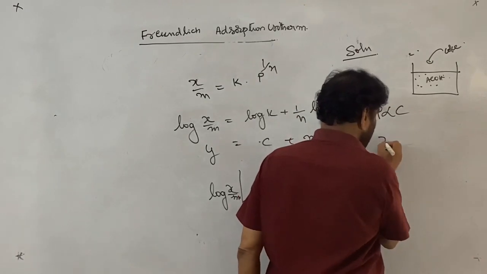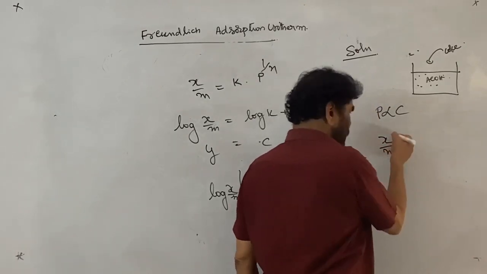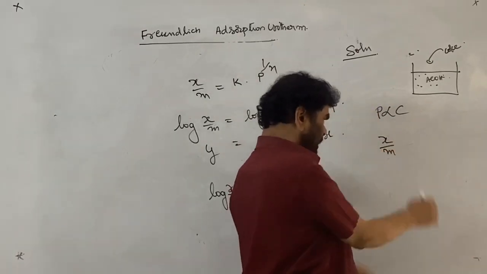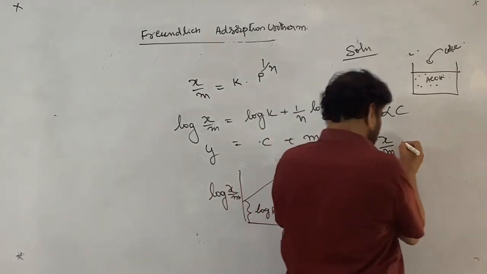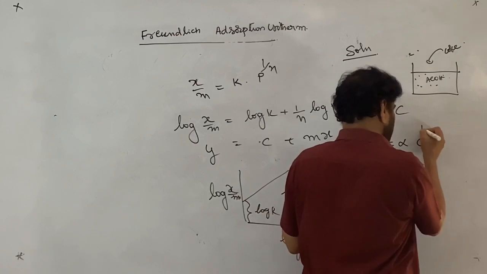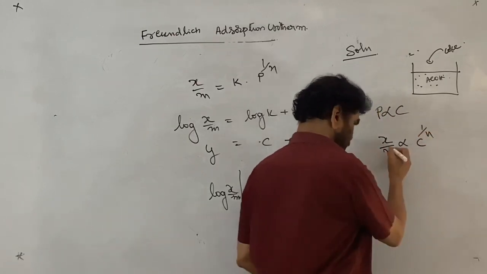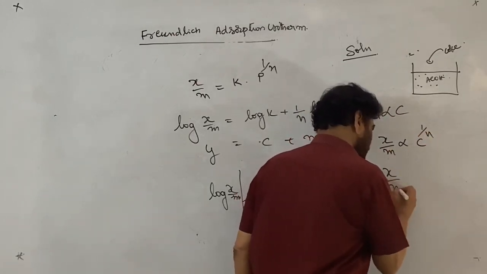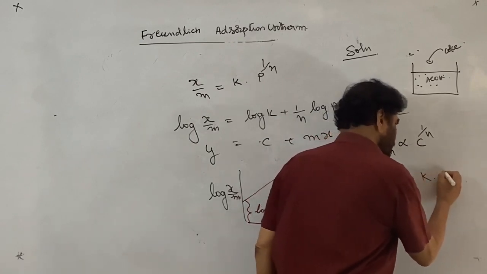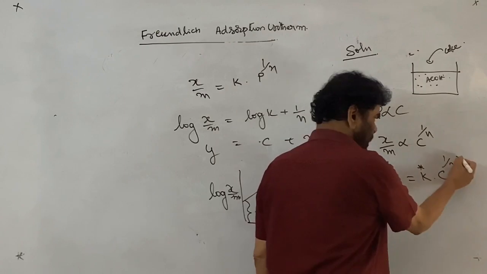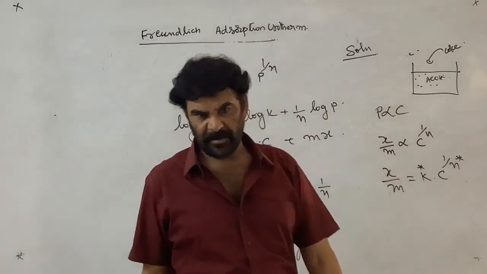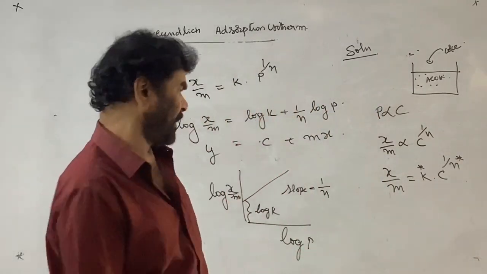Now you can say that if it is applied to solutions, the mass of acetic acid adsorbed per unit mass of activated charcoal is proportional to C to the power of 1 by n. This is x by m is equal to k into C to the power of 1 by n, where k and n are the constants related to the adsorbent and adsorbate.